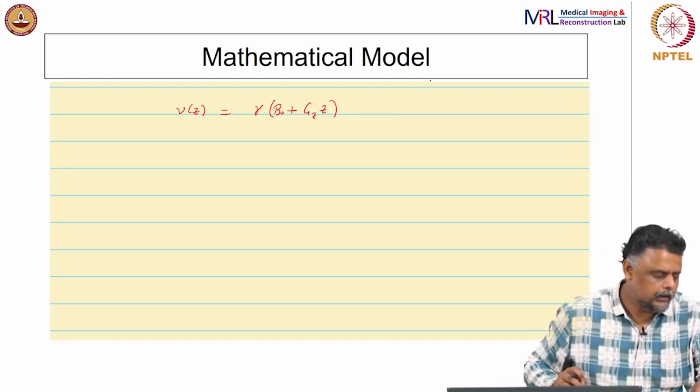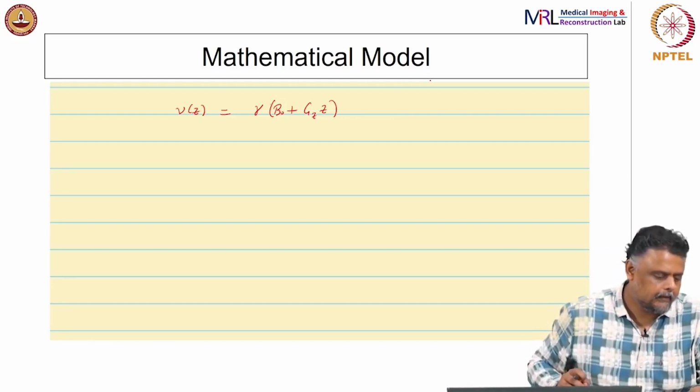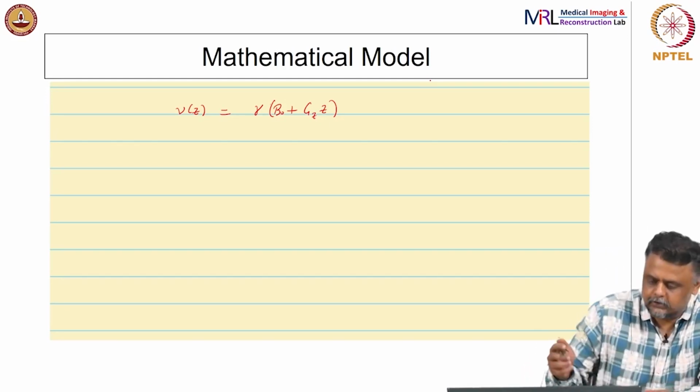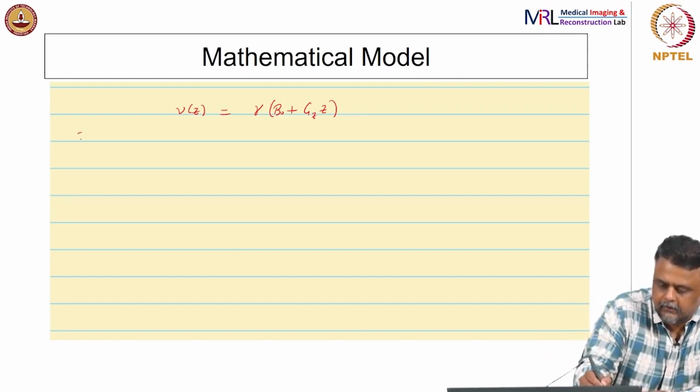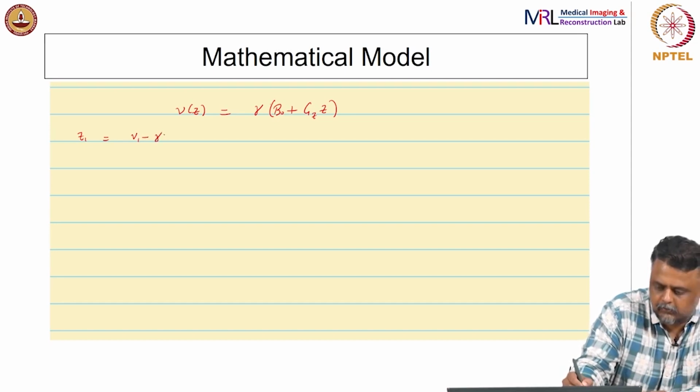Now we can actually show, for instance for z1, we can write, due to a simple manipulation, I will not go through it in great detail.